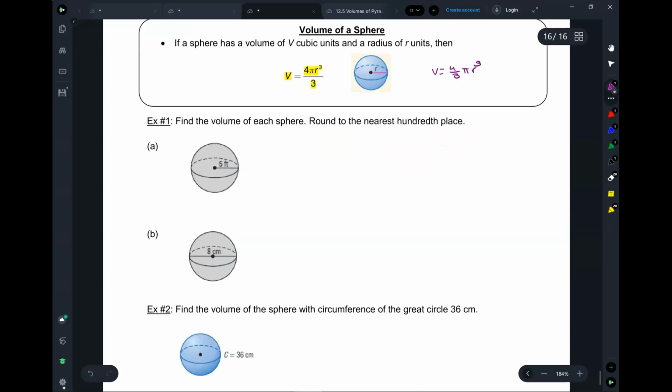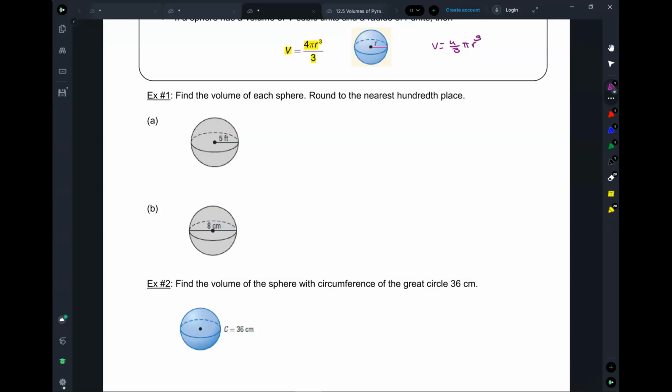Okay, so here we have a radius of 5. Volume is 4 times pi times 5 cubed over 3. This is 500 over 3 pi, right?